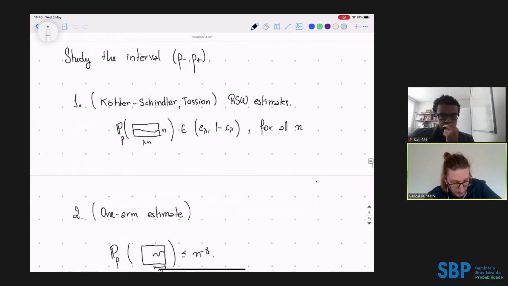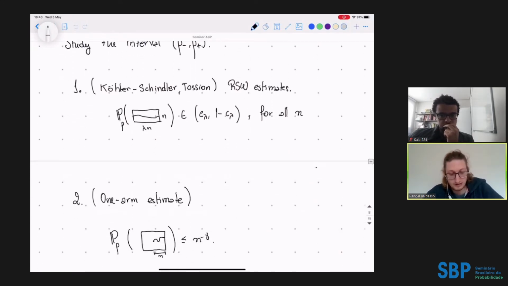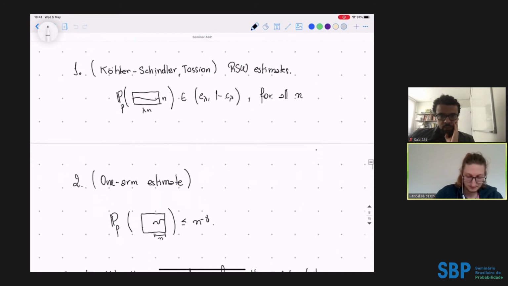And if you continue with our approach here, first we need some Russo-Welsh estimates, which are provided by a recent paper from 2020, I think, by Köhler, Schindler, and Vasantasian. And they basically said that under very general assumptions on your percolation model, you have RSW estimates.